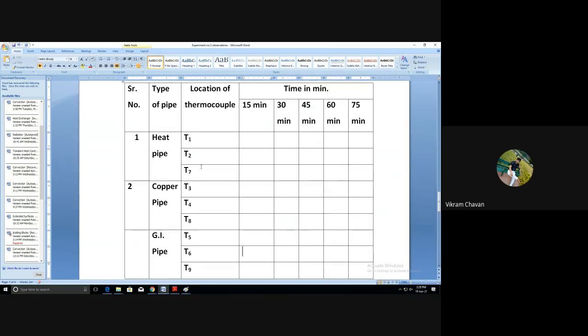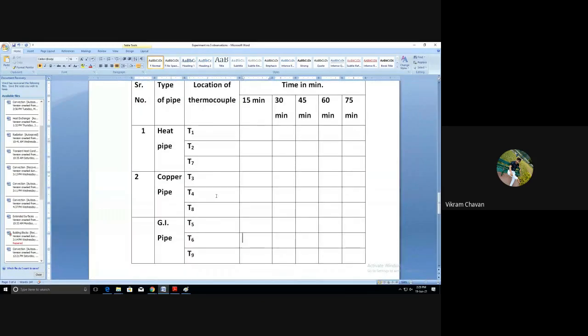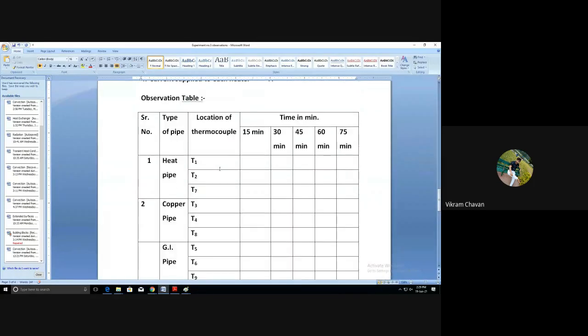So you plot this particular table initially and then we will take the readings. You plot this graph, you plot this particular table.